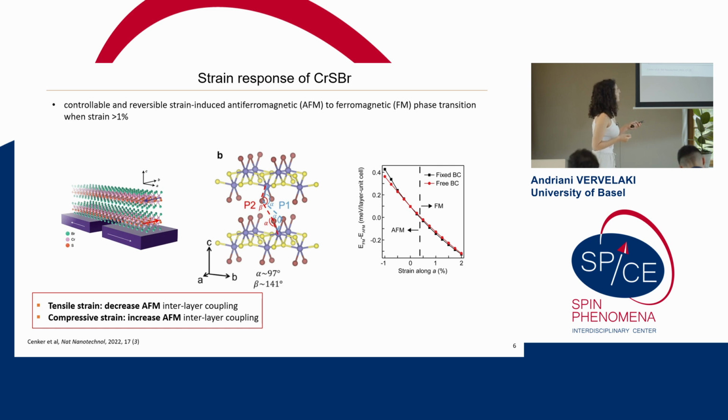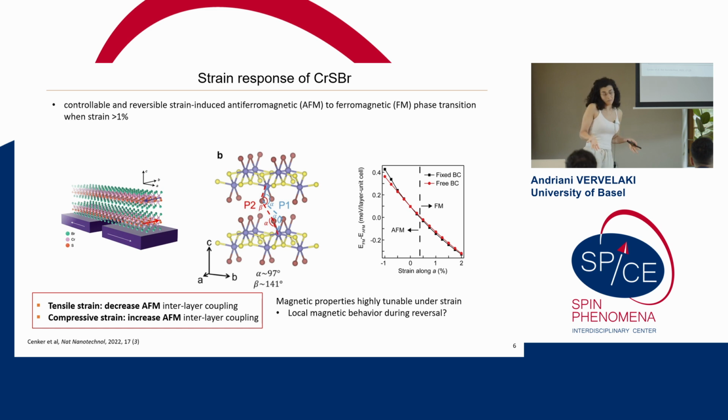Tensile strain decreases the antiferromagnetic interlayer coupling, eventually going to a phase transition under high applied tensile strain, while compressive strain increases the antiferromagnetic coupling and like that, increases the switching field that is needed to polarize it. So we see that this material is very susceptible to strain, and its magnetic properties are affected by that.